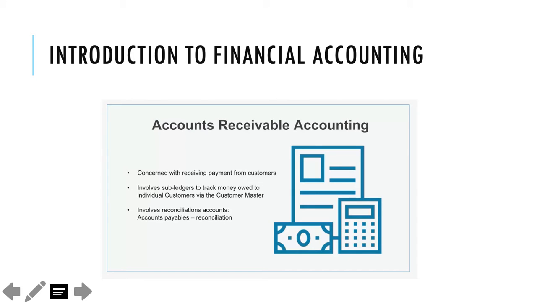In order to track money owed by the customer, each customer is shown as a different unique number, and they are associated with reconciliation accounts, which are used to show the total accounts receivable, and they are posted in the sub-ledger account.